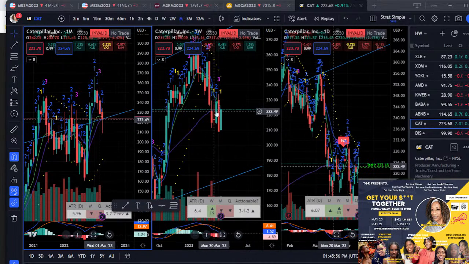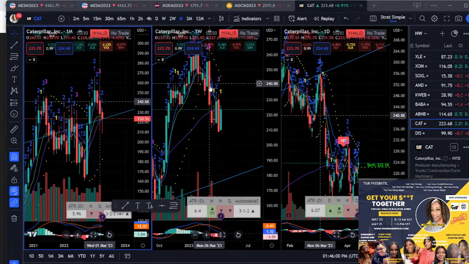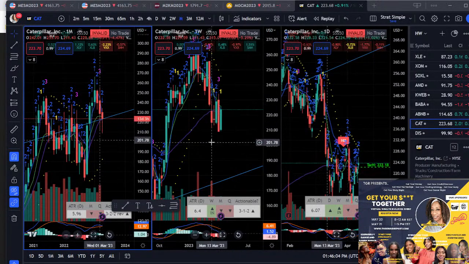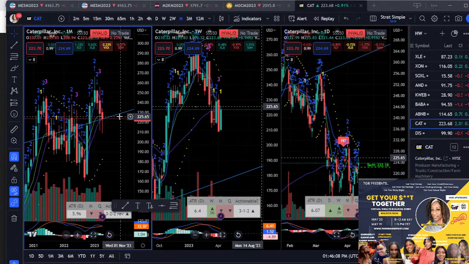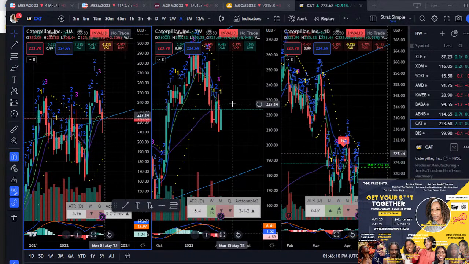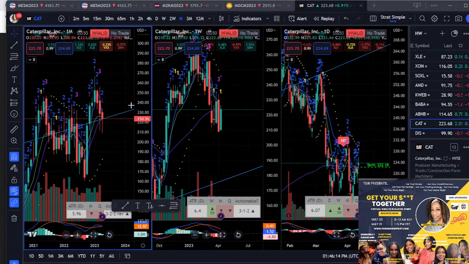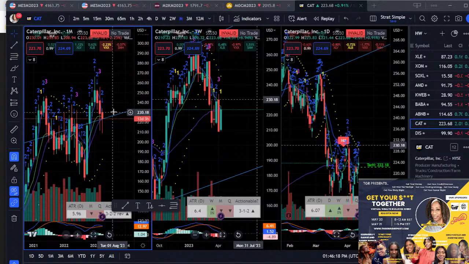And it finished right above its 200 on the week, but these are pointing down, so it's kind of conflicting. We just know also we have time frame continuity that can flip green. So if that happens, then we can probably count that as corrective activity. For it to flip green though, it needs to break above 230.18.